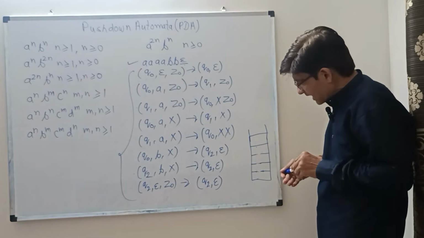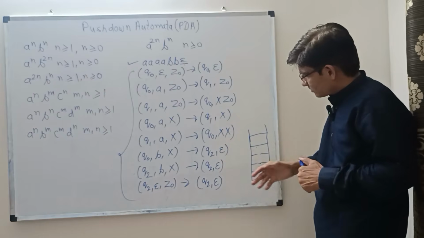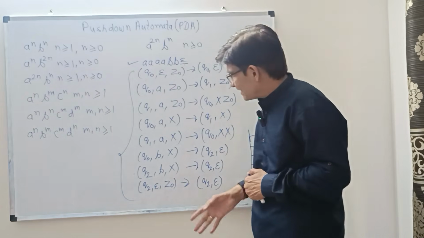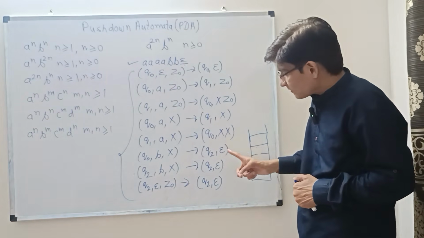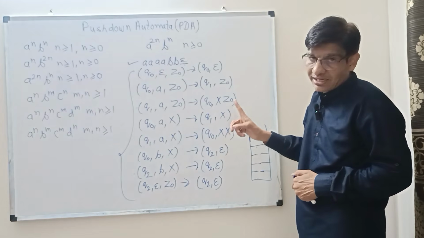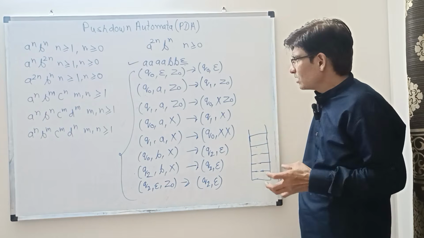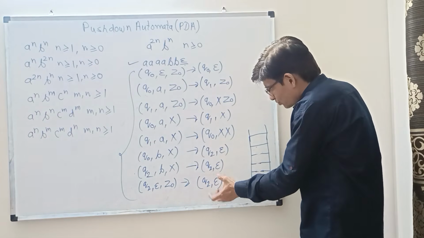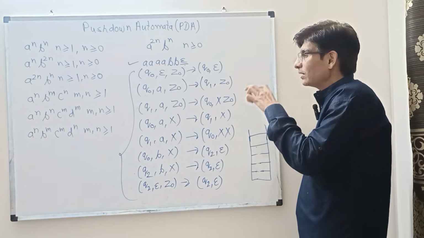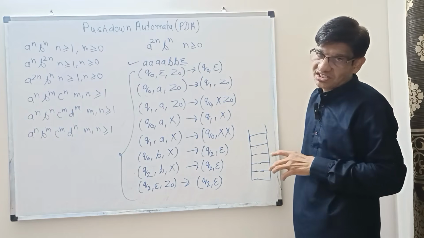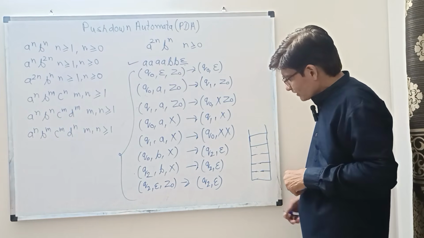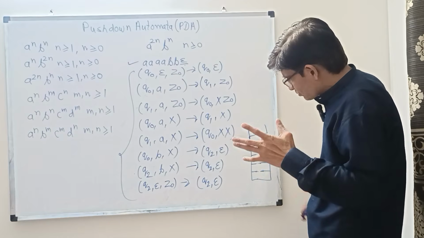Now, till now, we have seen all the PDA designs accepting strings by empty stack. Now, it is very simple to convert this particular PDA into a PDA accepting strings by reaching final state. So how would you do it?